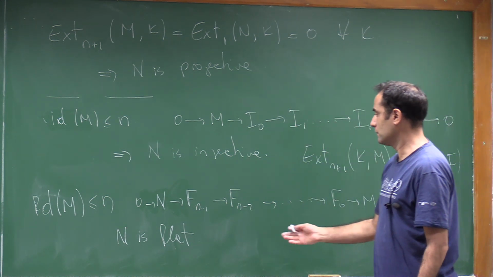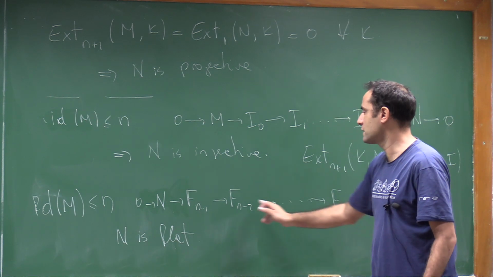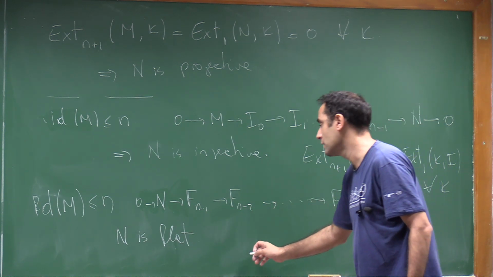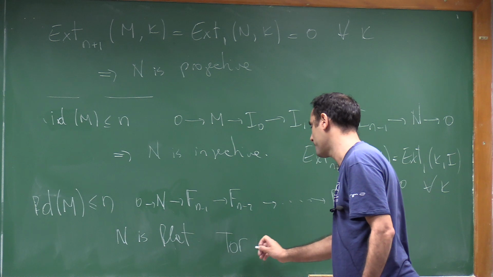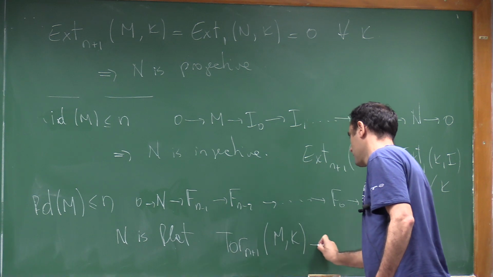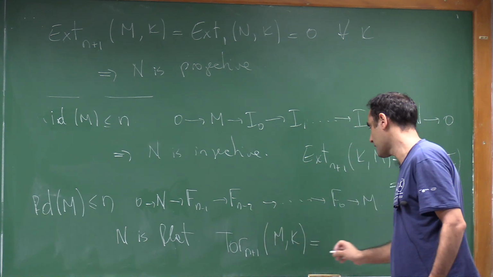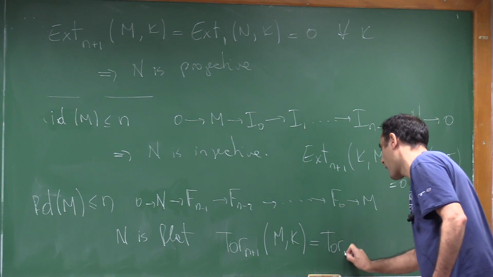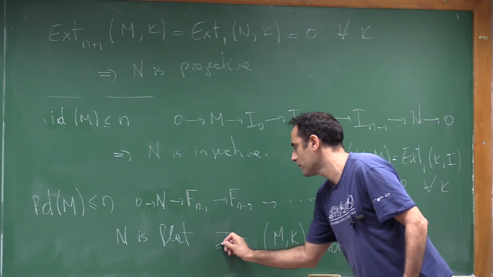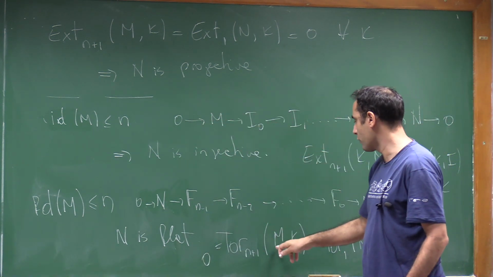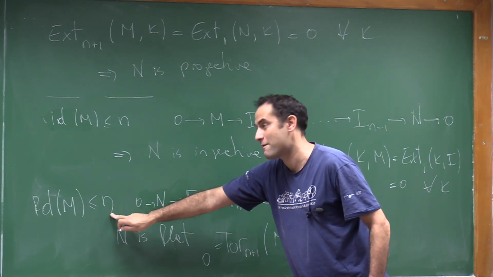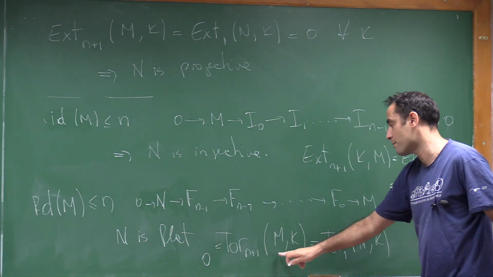I would want to say that I'm going to take this resolution by flats and compute Tor now. I know I can compute Tor by resolutions by flats. So what I know is that Tor_{n+1}(M, anything), the same argument is going to prove that this is the same thing as Tor_1(N, anything). And this is 0 by the same argument because I can compute this Tor by taking flat resolutions now of M. And I'm telling you that there's a resolution by flats that has n elements. Therefore, the Tor_{n+1} is 0.